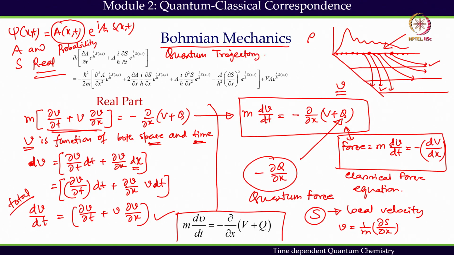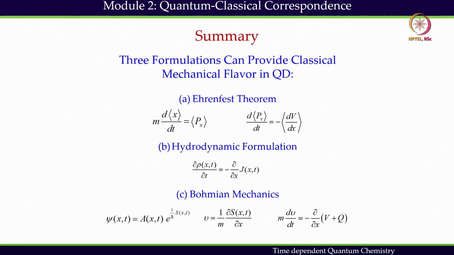So, we have pretty much come to the end of the presentation, this module. We have made an attempt to understand quantum dynamics with a classical mechanical flavor, with classical mechanical ideas. The only difference between classical mechanics and quantum mechanics is that in classical mechanics we can draw a trajectory.